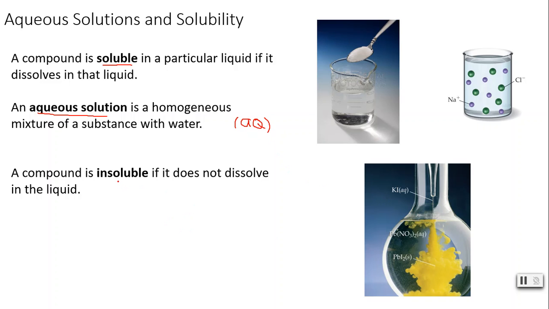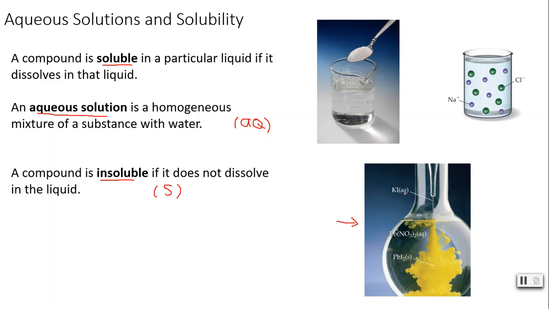If something is insoluble, or does not dissolve in water, then we say that it is insoluble, and the state that species is given is S. S is not for soluble, S is for solid. In this picture of this reaction, we have potassium iodide that is aqueous.